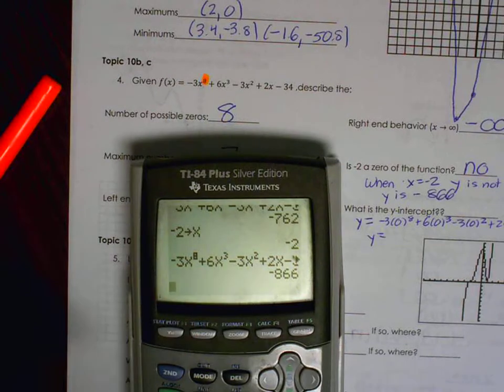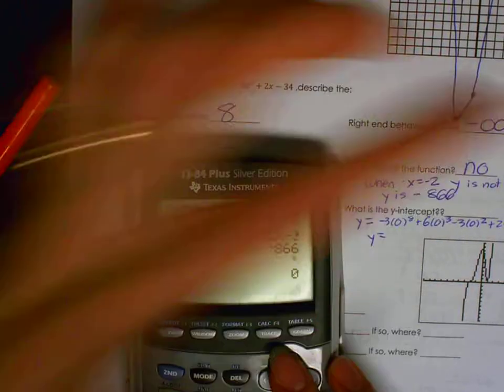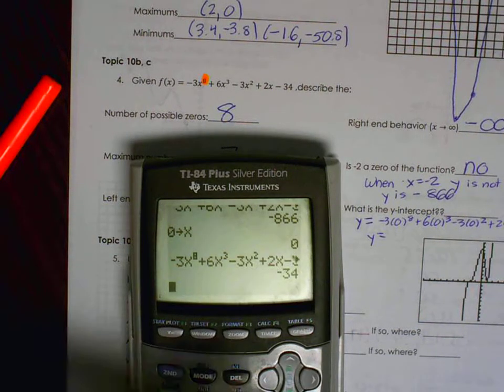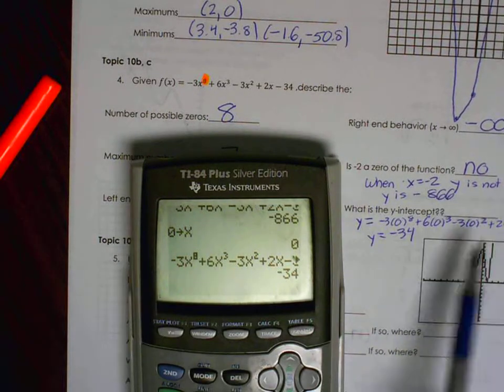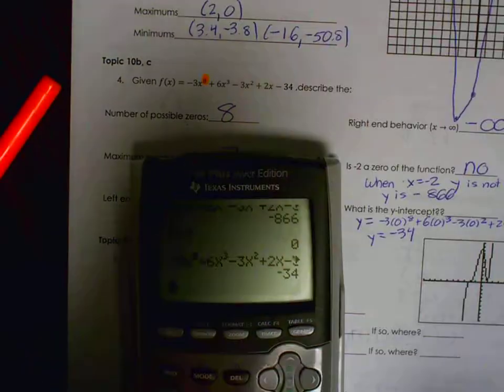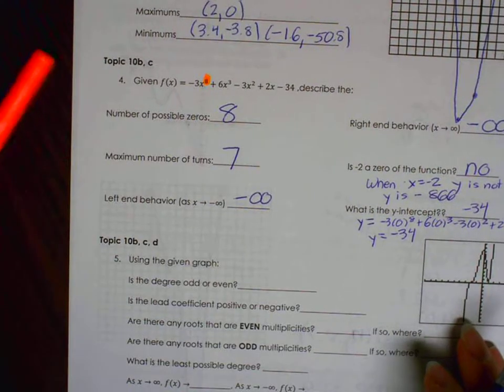So all I need to do here is say 0 store x, or I can do it by hand, and it's not a hard one to do by hand. Push enter again, and it tells me my y value is negative 34. And you can see that's what I get here when I do it by hand. Anything times 0 is 0. So the only thing I have left is that negative 34. So that's the answer there.